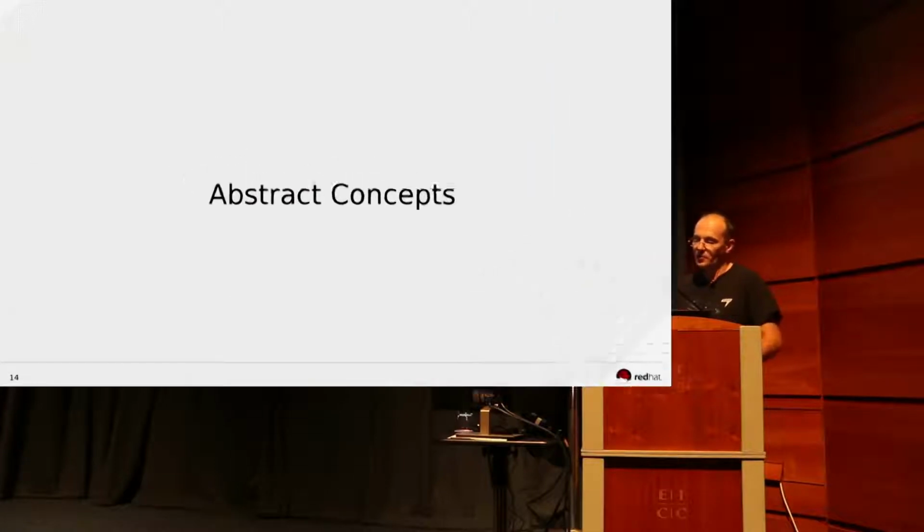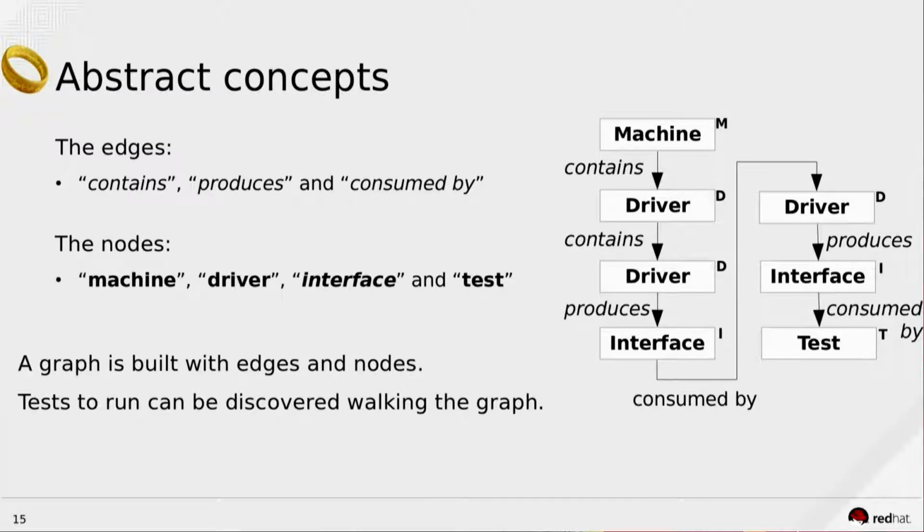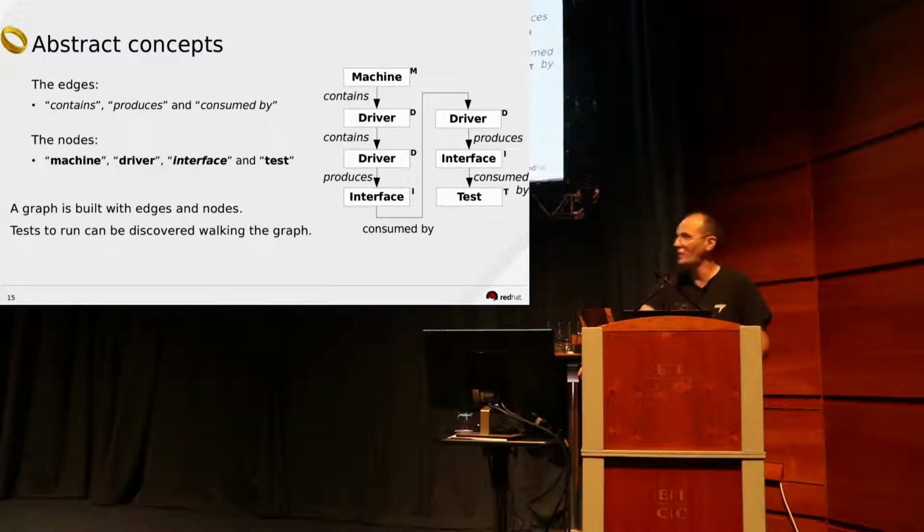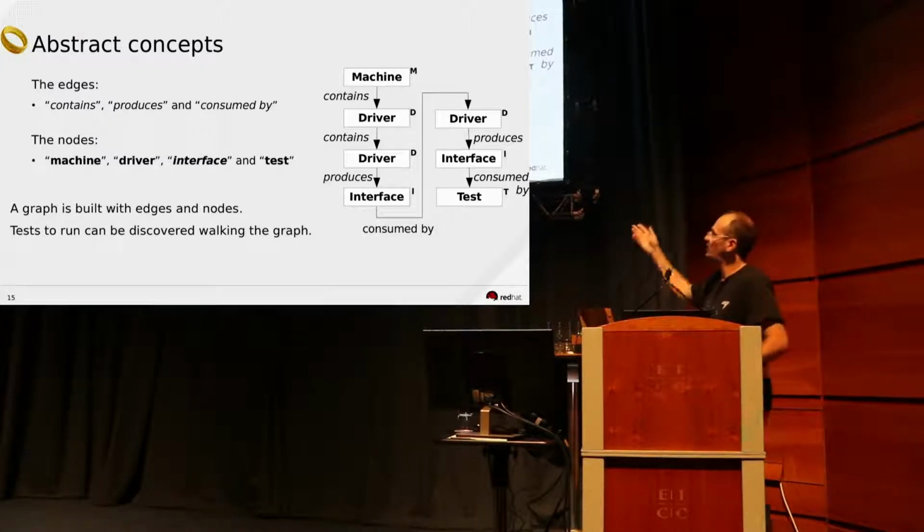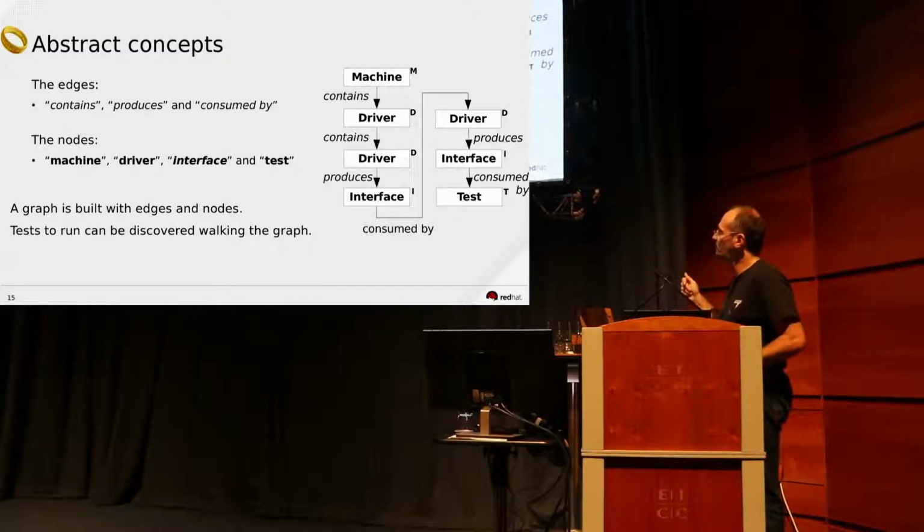So I'm going to introduce some abstract concepts before that, because we are going to use a graph to describe the machine, to describe on what the test can be applied. You can see a simple example of the graph on the right. The graph will have nodes. It will have edges. The nodes can be machine, driver, interface, and test.